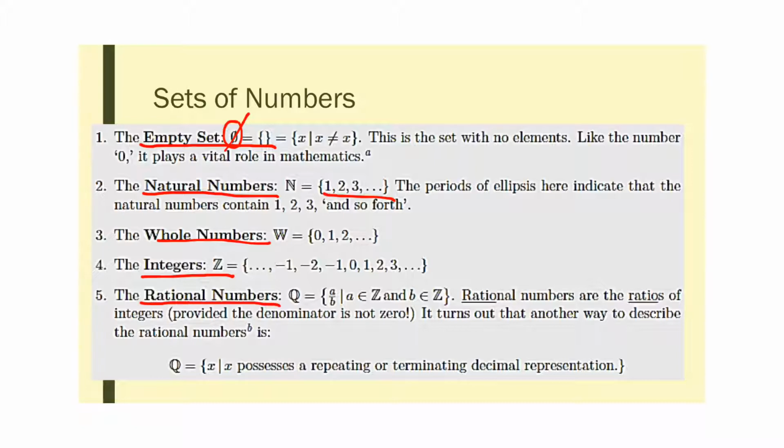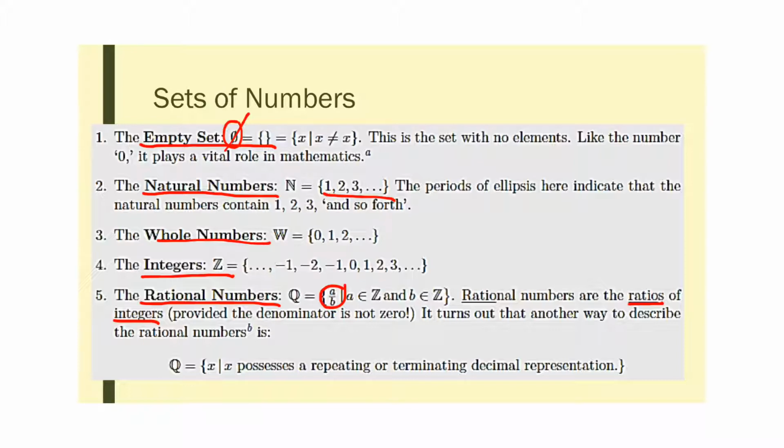Okay, the rational numbers, these are fractions. Fractions are ratios, so the rational numbers are ratios of integers. Since we have negative numbers in the set of integers, we can also have negative rational numbers.